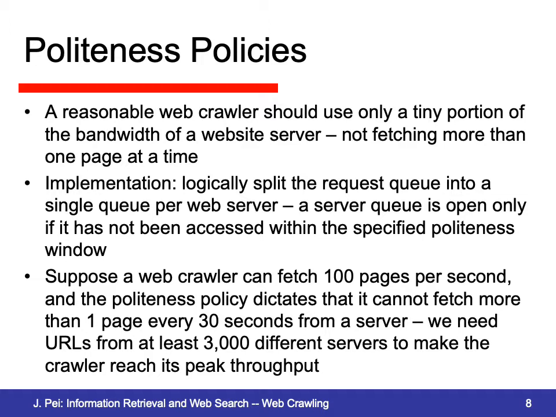Then how many URLs do we need to keep the crawlers busy? A simple calculation shows that we need at least 3,000 different servers to make the crawler reach its peak throughput. So if we want to crawl many pages per second, we need many URLs from many different servers.